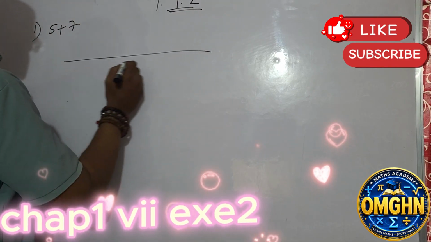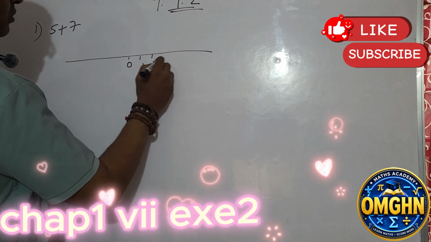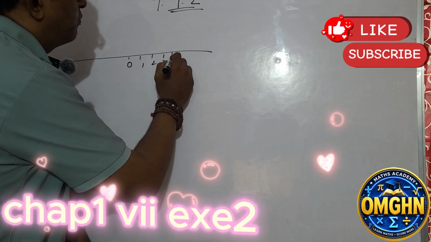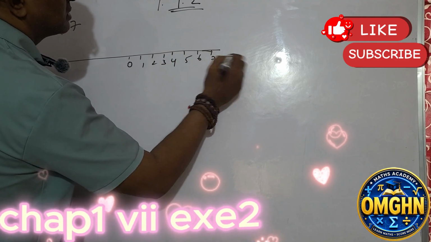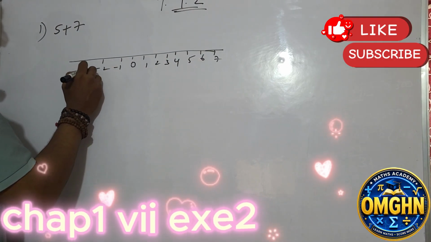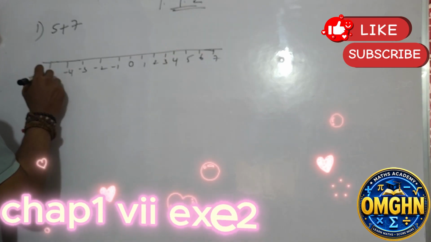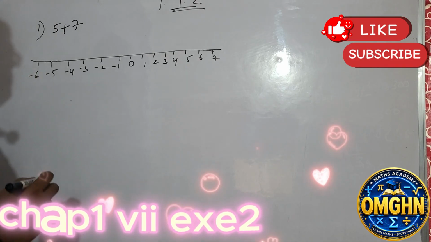First 0, 1, 2, 3, 4, 5, 6, 7 like that. Then -1, -2, -3, -4, -5, -6. Okay.